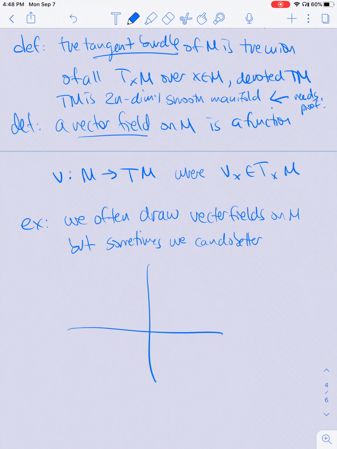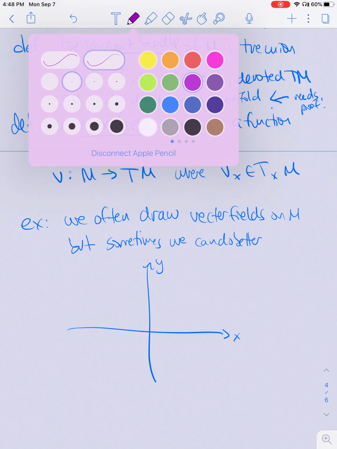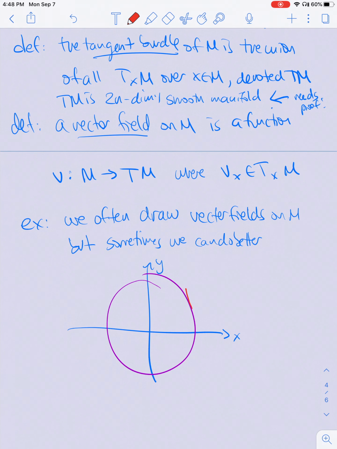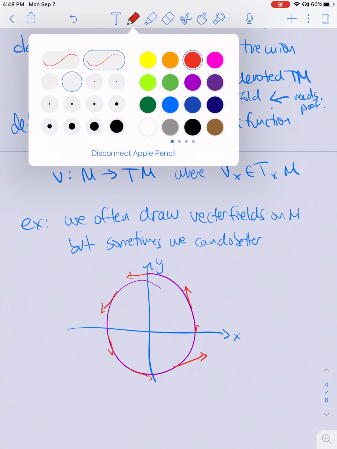So if we are looking again at the sphere, and I want to draw some vector field, maybe I'll draw the vectors on the sphere as pointing actually tangent to the sphere, instead of, when I'm drawing it in R^2, drawing them as lying on R^2.